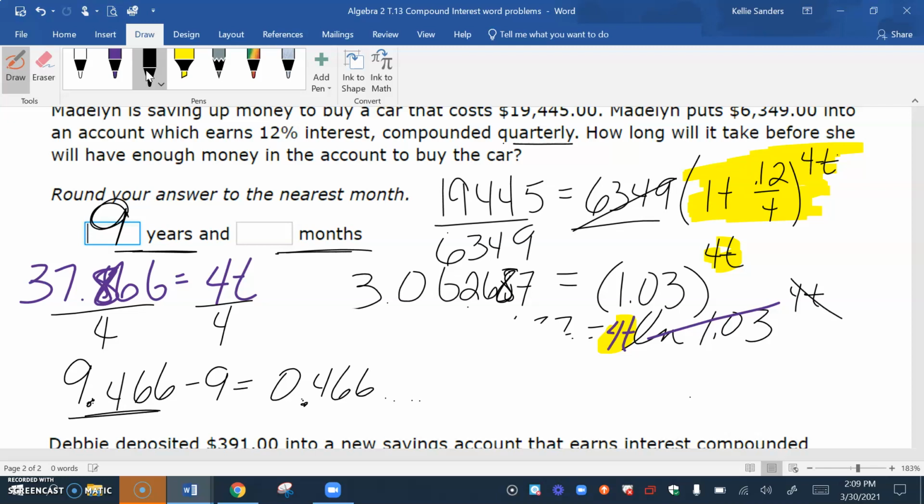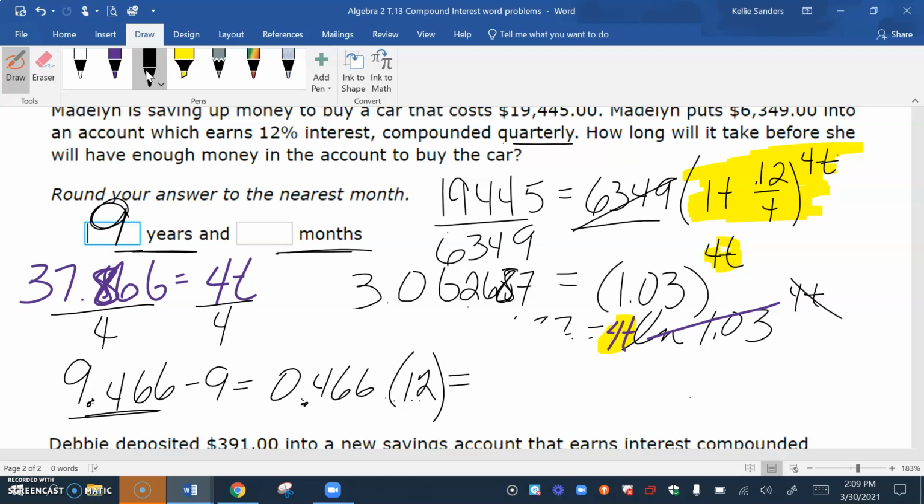What we're going to do is take this decimal and multiply it by 12. In my calculator I forgot to subtract the 9. So divide by 12, minus the 9, and then times 12. There we go.